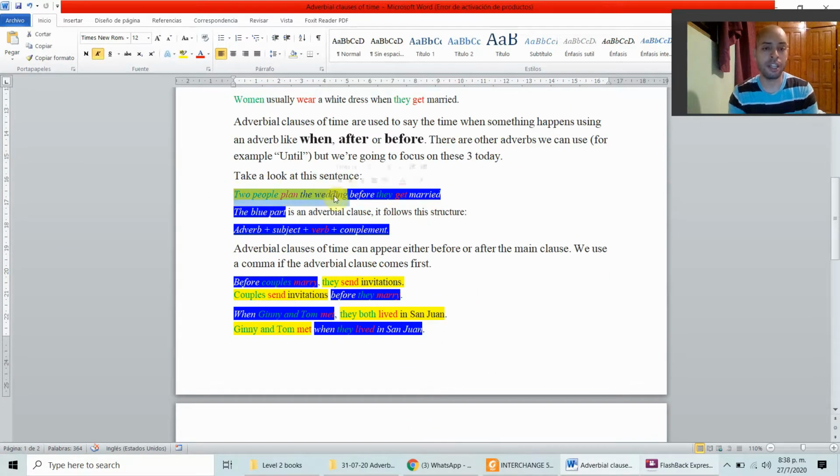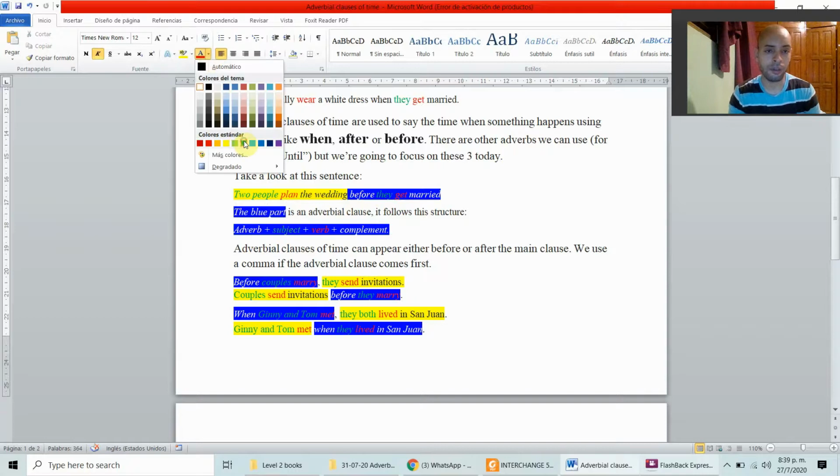Two people plan the wedding before they get married. The blue part is the adverbial clause. And the adverbial clause follows the structure. The adverb, in this case, is before. The subject, they. The verb, get. And the complement, in this case, is marry.